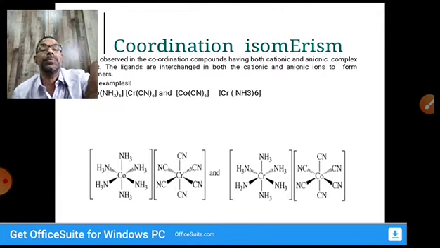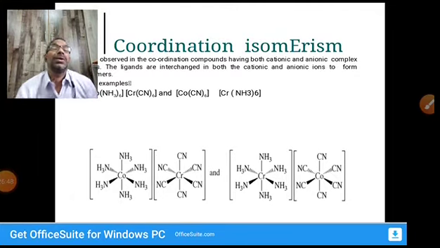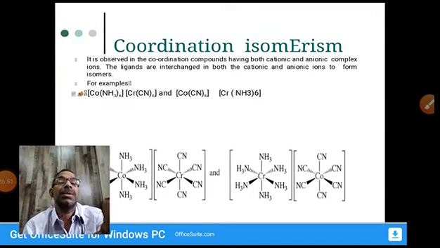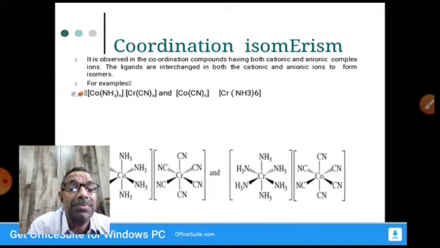Coming to coordination isomerism. You see, in coordination isomerism, compounds have the same formula. All these are structural isomerism; we are discussing only structural isomerism. So compounds having the same formula but different bonding connectivity.